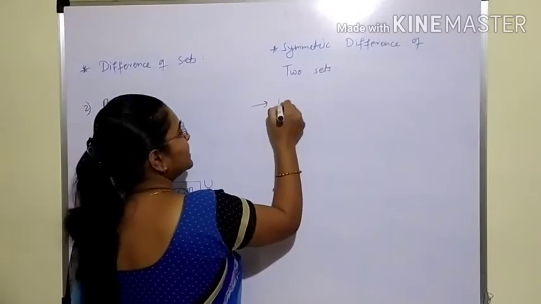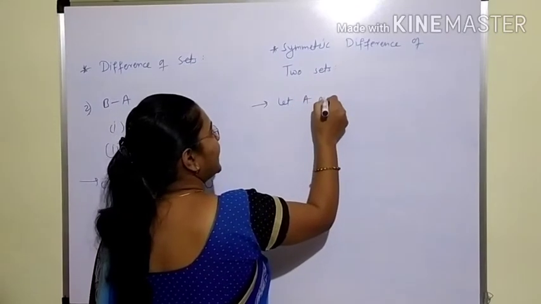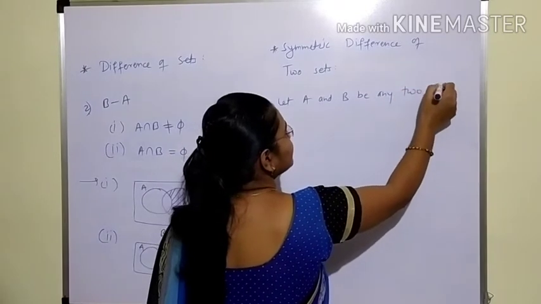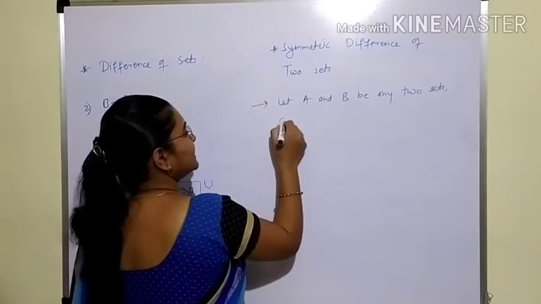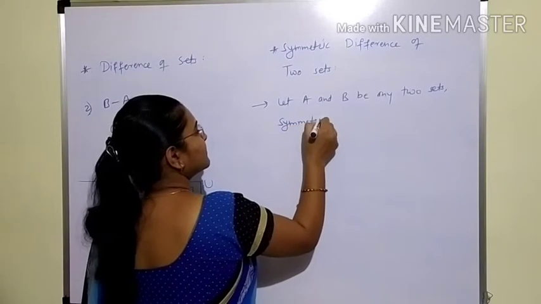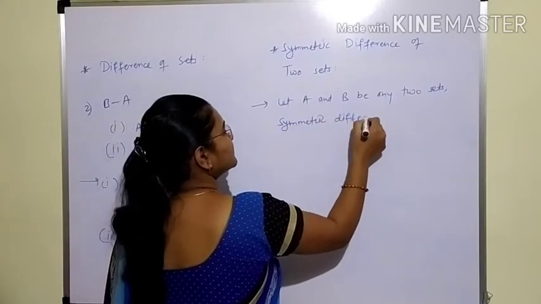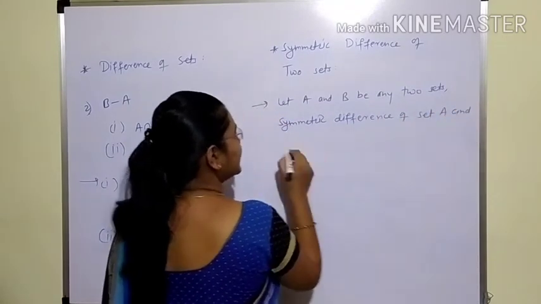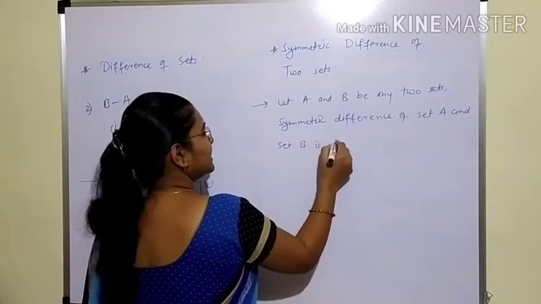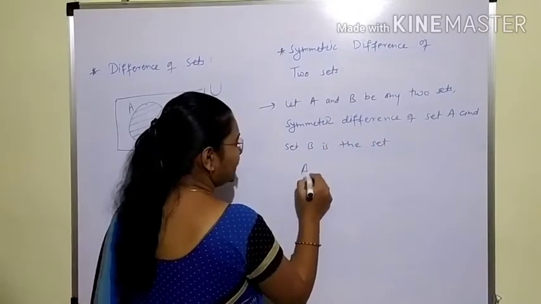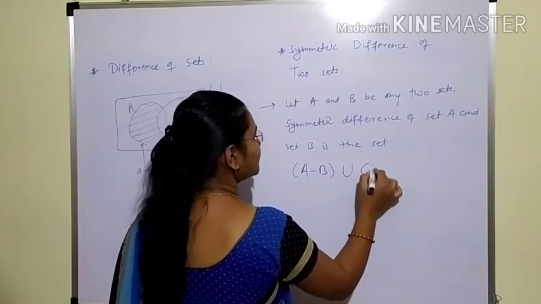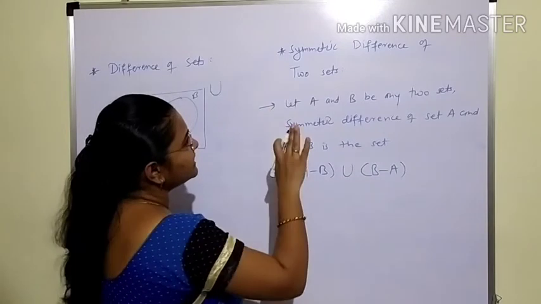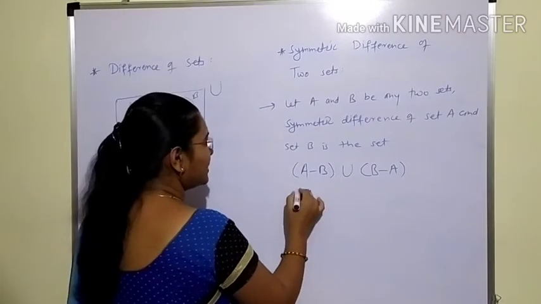Symmetric difference: let A and B be any two sets, then the symmetric difference of set A and set B is the set A minus B union with B minus A. We denote the symmetric difference of two sets by the symbol delta.